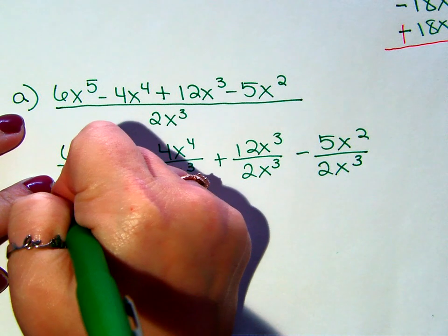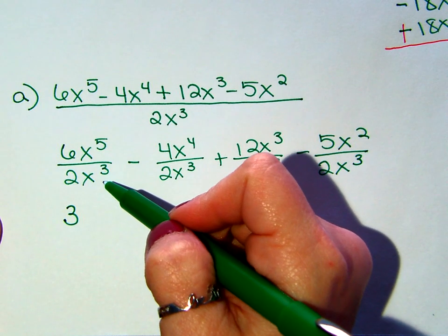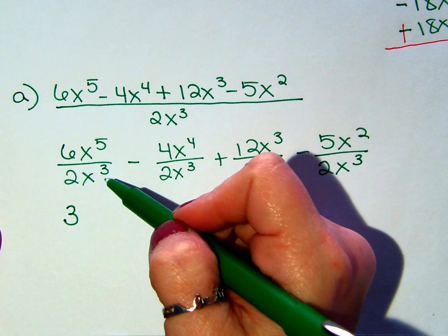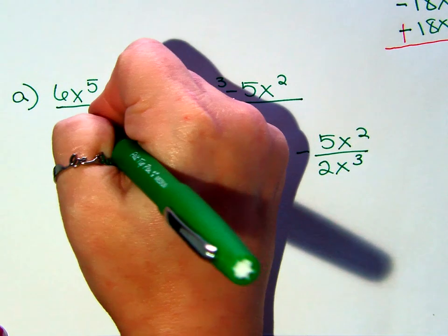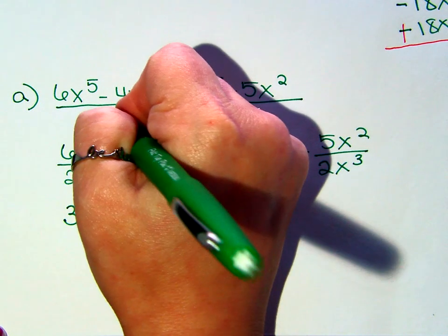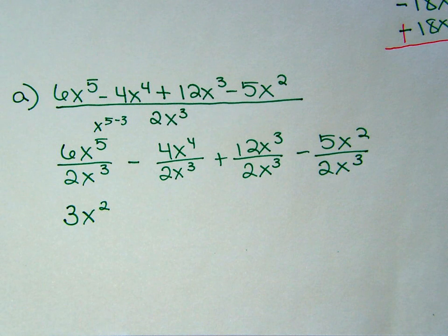And x to the 5th over x to the 3rd, you can think about this in terms of the canceling that we've been doing, or you can think about it using your quotient rule, where you'd have x to the 5 minus 3, which leaves you with x squared. So either method works. I typically gravitate towards the canceling method, but you can also use the quotient method that we learned earlier in the semester.